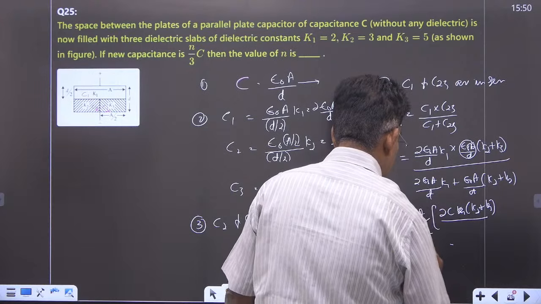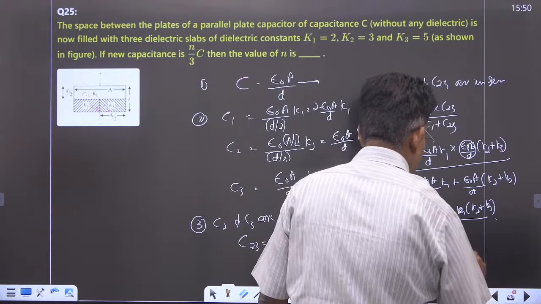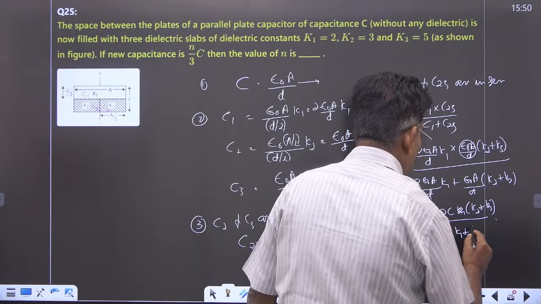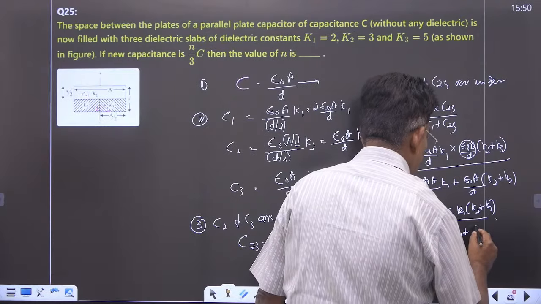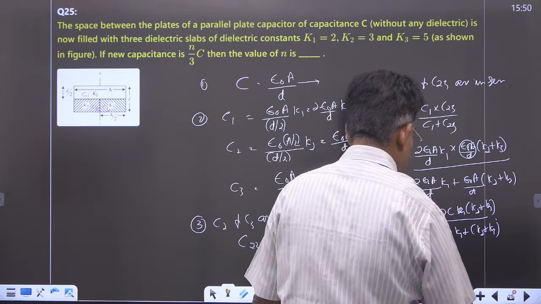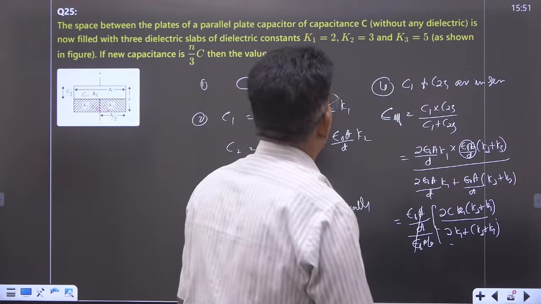Denominator: that epsilon 0 A by D I have taken out, so what remains is 2K1 plus K2 plus K3. This gets cancelled. Now we have to use the values of K1, K2, K3.